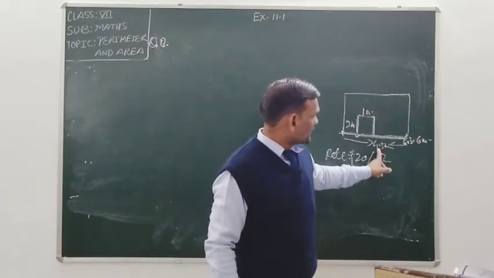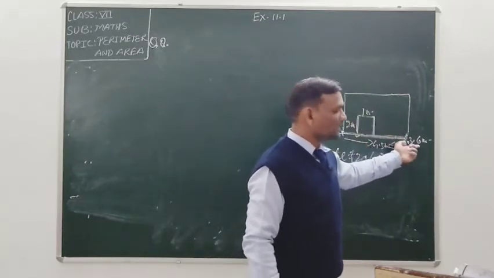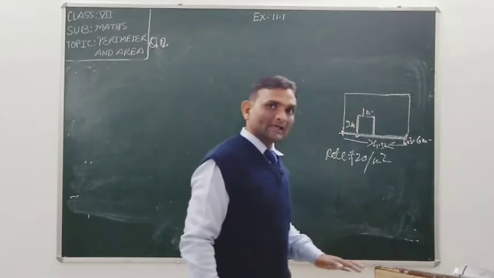And the area of the wall including door is 4.5 into 3.6. We will multiply.